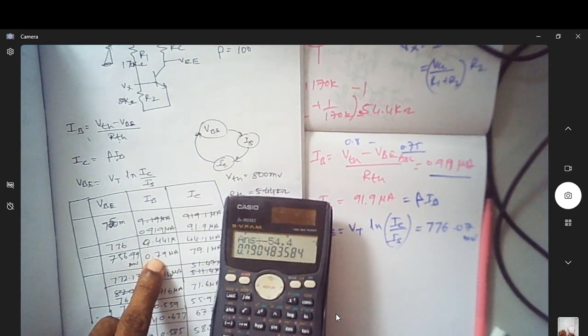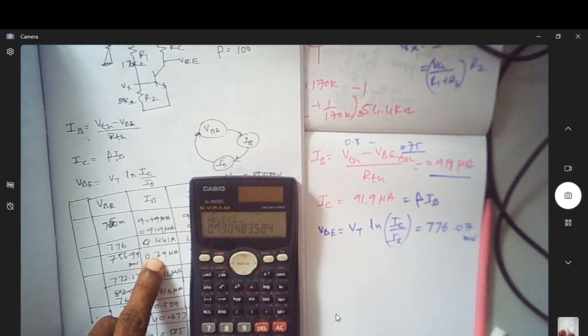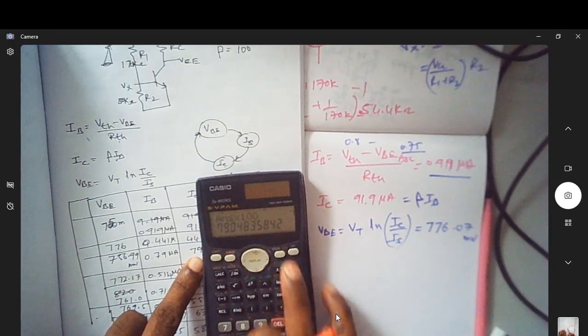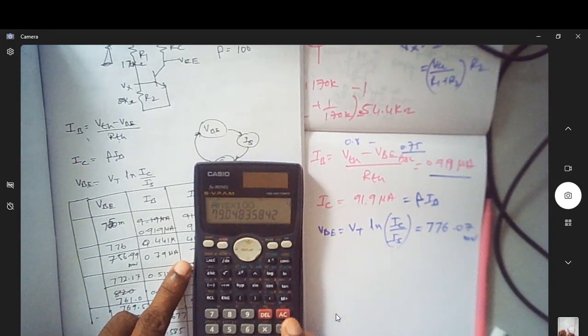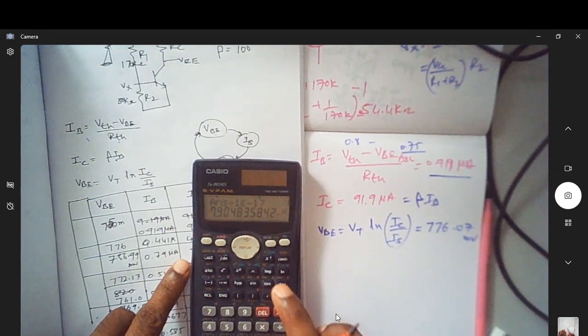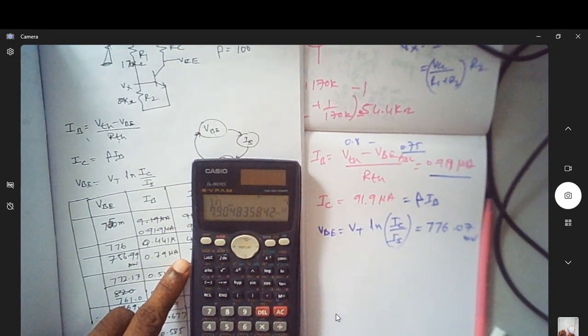This is 0.79 microampere. That multiplied by 100 is 79.1 microampere. Now this into 1 exponential minus 6 divided by 1 e power minus 17, this is your IS. ln of answer multiplied by 26.